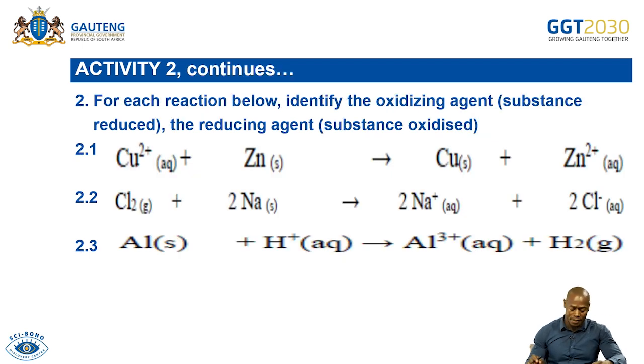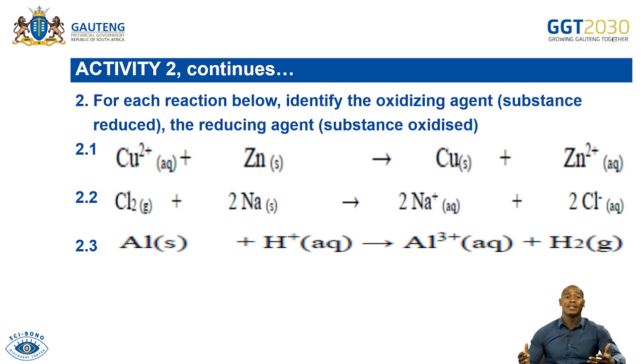Then for each reaction below, identify the oxidizing agent and the reducing agent. This is our last activity. Oxidizing agent, remember, is a substance that is being reduced, and reducing agent is a substance that is being oxidized.